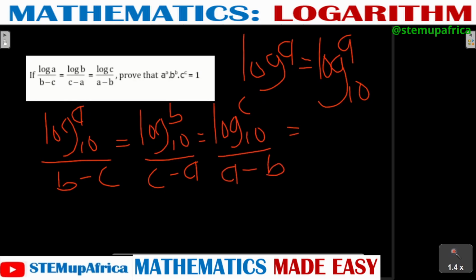Let's call the constant k. Why are we using k? Because we already have c in the expression, so there is no need to use c, so that we don't get confused.